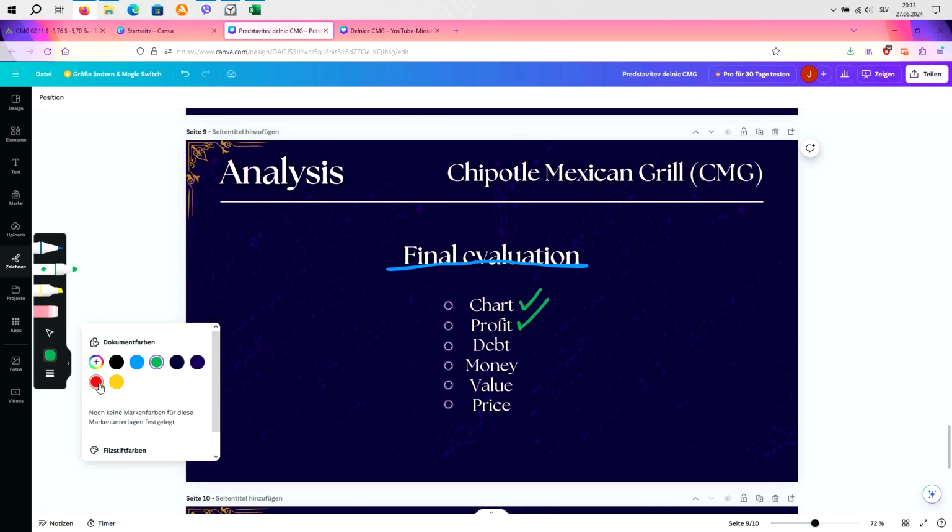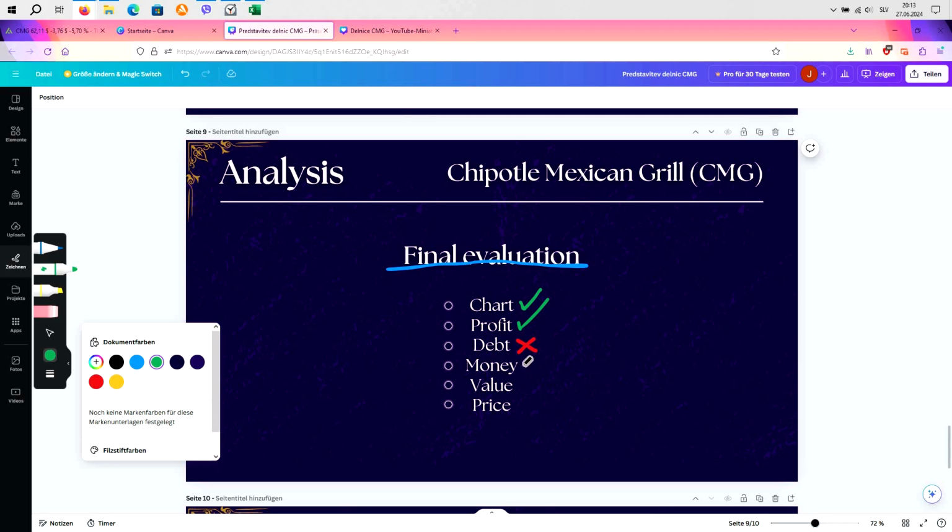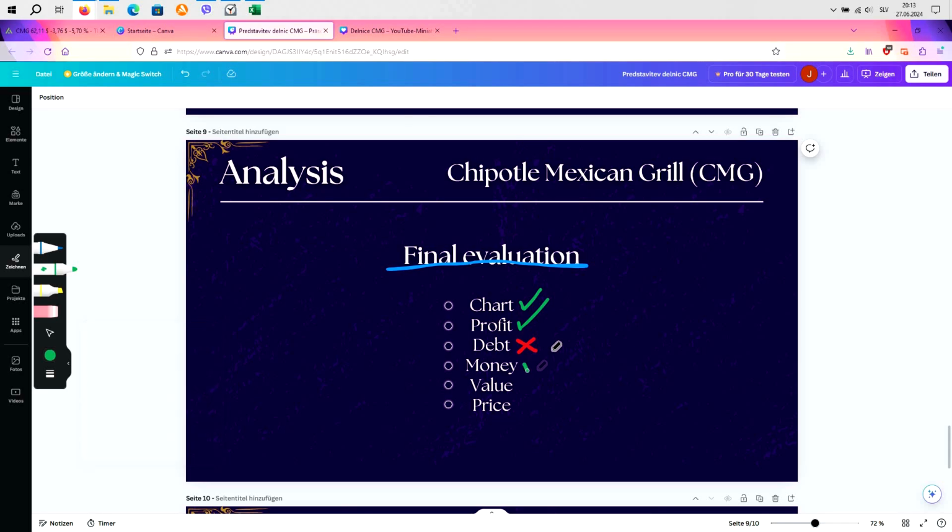Now the debt is unfortunately not disclosed, so we analyzed total liabilities instead, but still they were also growing through the years, which is what we don't want to see. In terms of the money on the bank account, they have $1.3 billion. So that's an amazing sign to see because they can cover some unexpected costs.